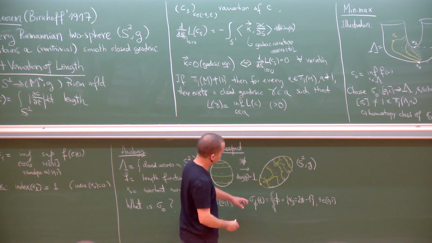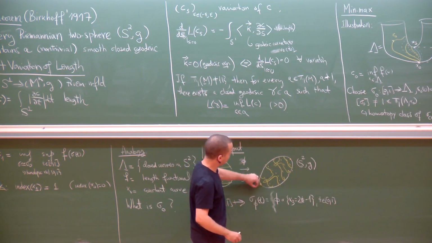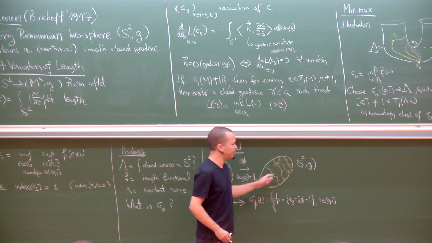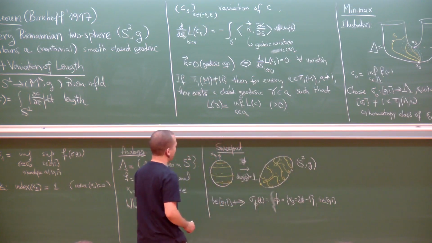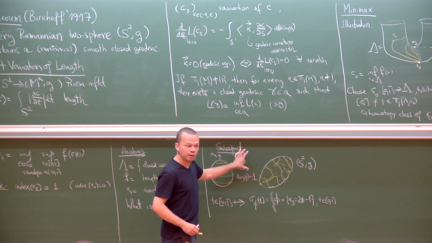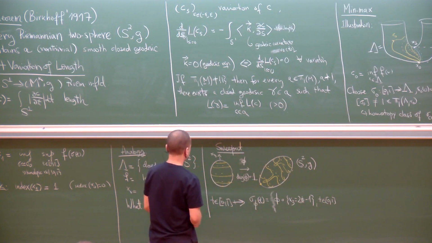So this sigma sub phi is what I call a sweep out. It's a one parameter family of closed curves in S2 that comes from a degree 1 map.